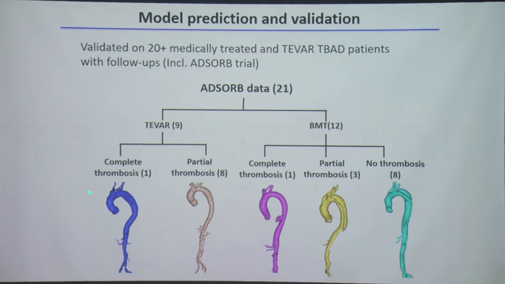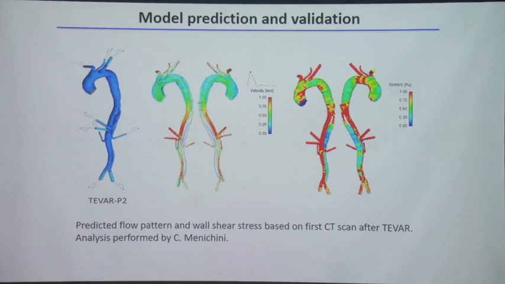We have one complete thrombosis case that I showed you, and we had 8 partial thrombosis cases, of which I've shown you one example. We have the medically treated patient with complete thrombosis, a partial thrombosis, and no thrombus. I've shown some of these examples to see how well the simulation agrees with the actual observations.